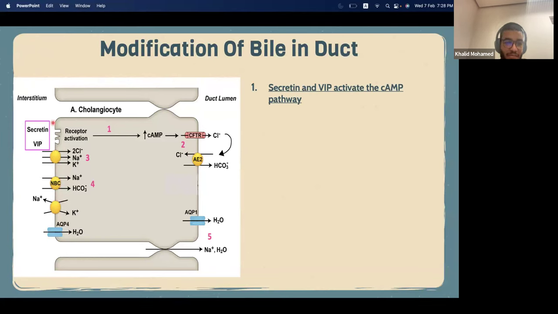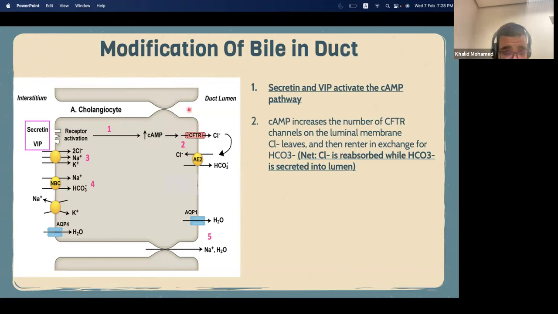So again, it does the same function over here. It increases cAMP, and then cAMP increases the CFTR in the luminal membrane, and then Cl minus charges this channel. It charges it, and then Cl minus is exchanged with bicarbonate. Bicarbonate is secreted into the bile.